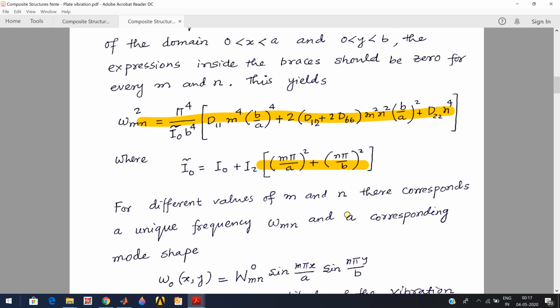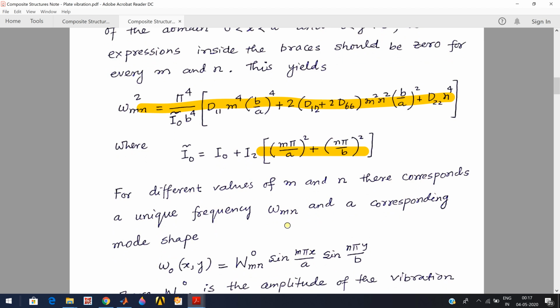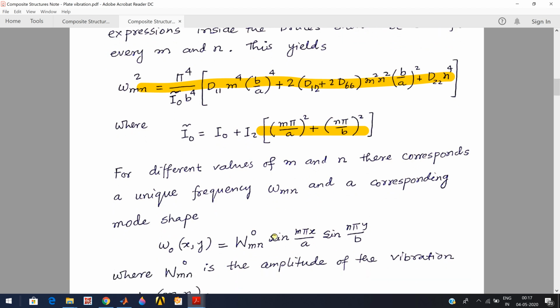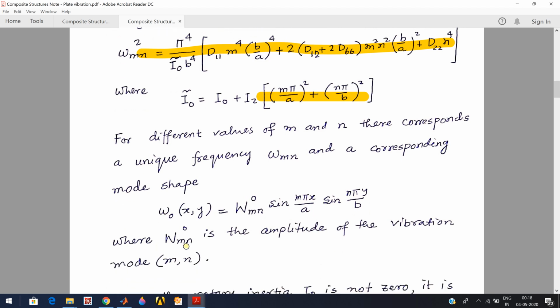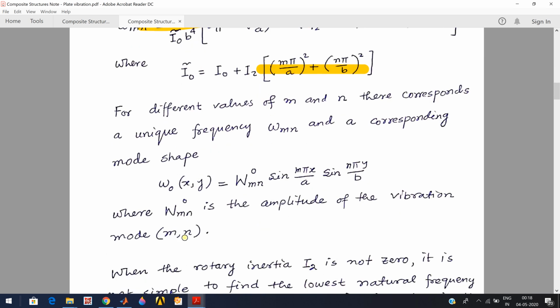So for different values of m and n, we get one unique frequency omega mn, and for that particular m and n, we also get one mode shape, which is a function of x and y, which is nothing but the deflected shape of the plate for that particular frequency omega mn. Here Wmn is the magnitude or amplitude of the vibration for that particular mode m and n.